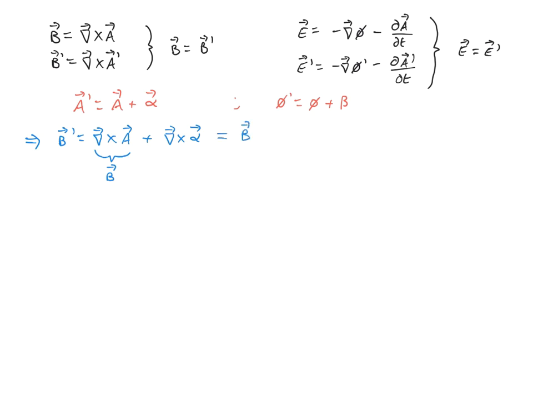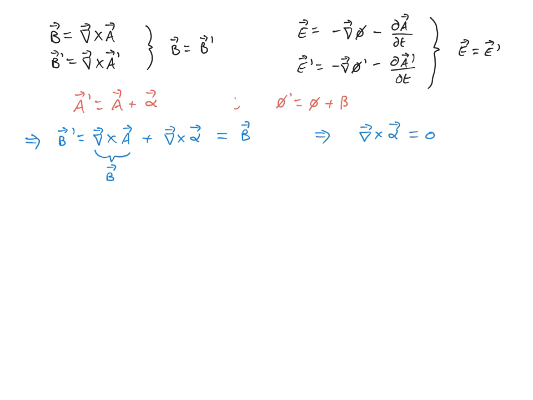And so on the right-hand side, this must be equal to B. The inevitable conclusion, of course, therefore, is that the curl of the vector field alpha must be equal to 0. And we've seen equations like this before. It's a constraint equation on the kind of field that alpha is allowed to be.